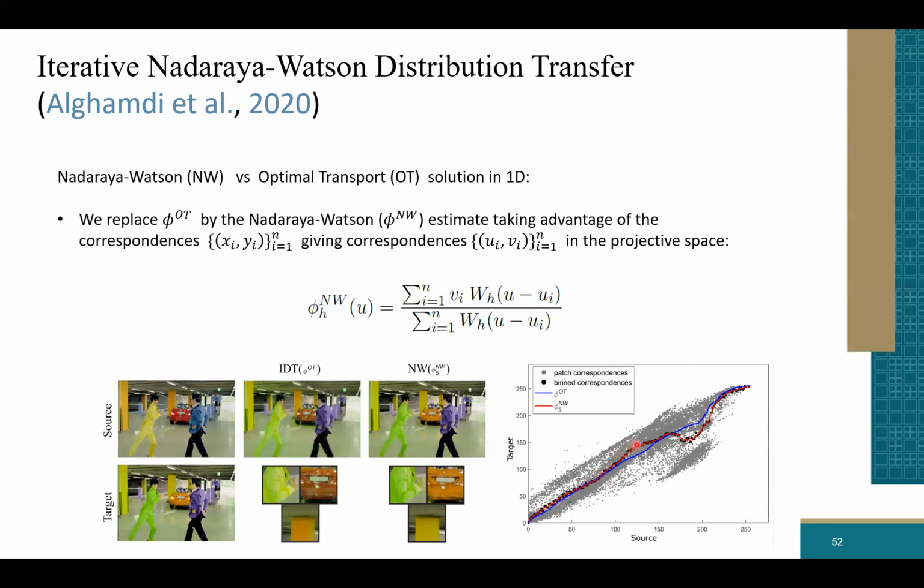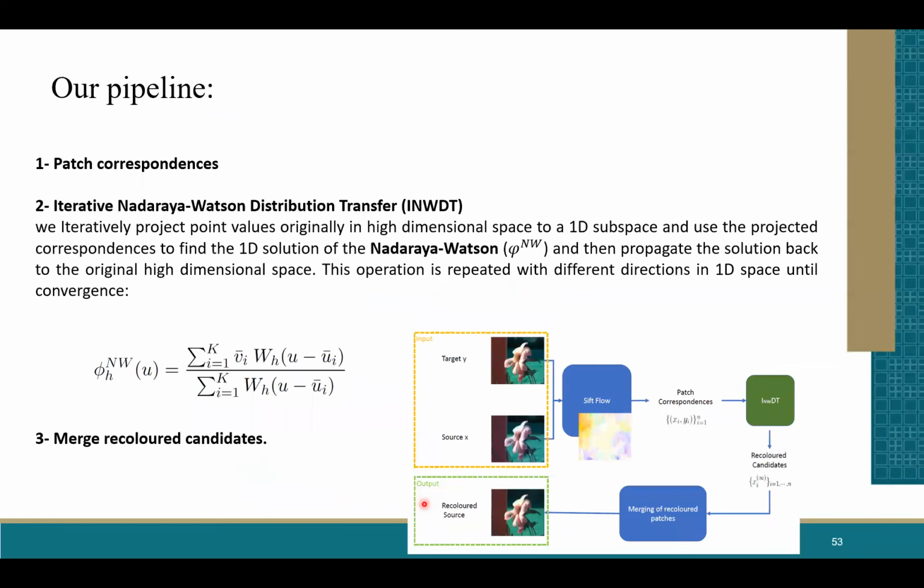The line with Nadaraya-Watson is non-monotonic and is guided by the available correspondences. Visually, we can see IDT, the optimal transport, tries to match the source to the target, unsuccessfully. Nadaraya-Watson actually gives a better result because it takes into account the correspondences.